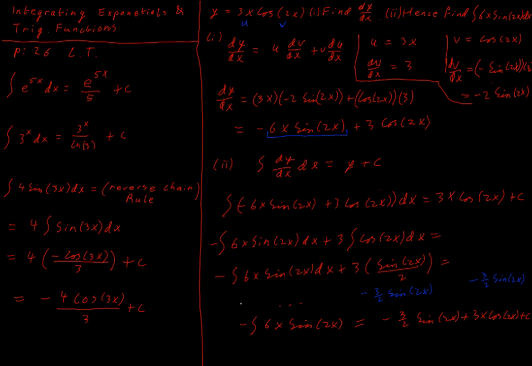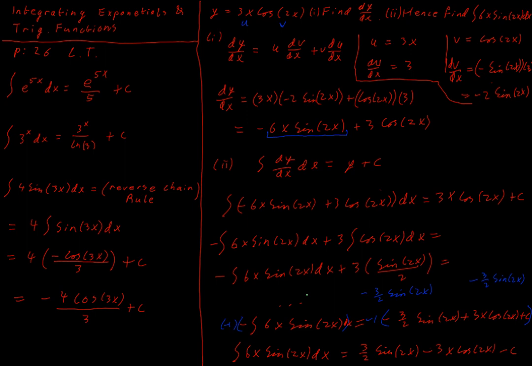Multiply both sides by minus 1 to change our signs to get what we want by itself. And we end up with the integral of 6x sine 2x dx is equal to 3 over 2 sine 2x minus 3x cos 2x minus c.